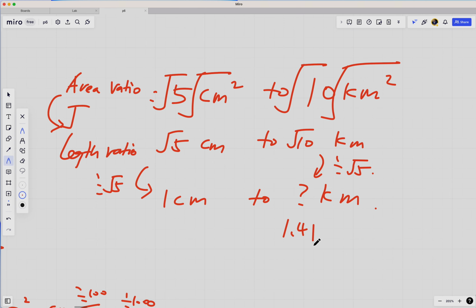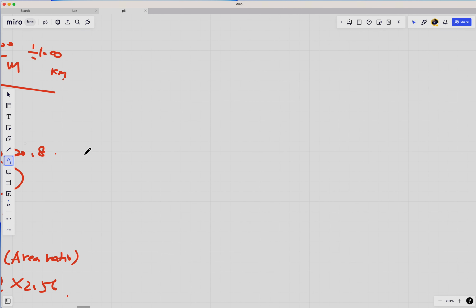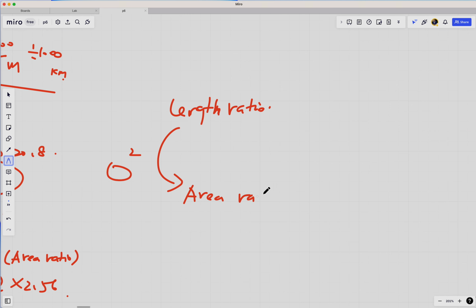Square root. Okay, good. So what if they give you this? So length ratio, you square the length ratio, you get area ratio, right? And by the way, you square everything in the length ratio, right? How do you get the length ratio to volume ratio?